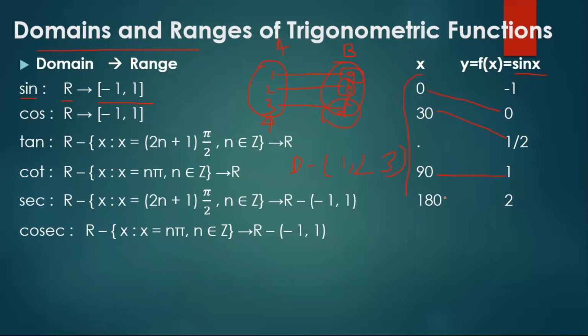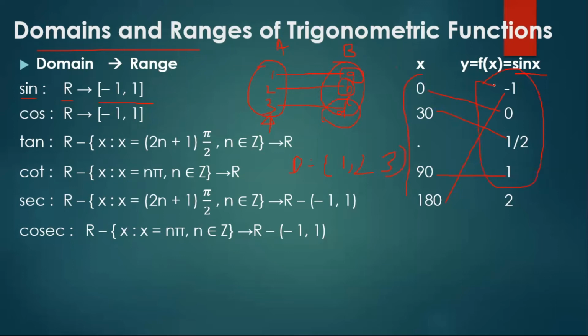No doubt. What is sine 180? It goes to -1. What is sine 270? If you take 270, again it goes to 0. So did you notice the values are between -1 and 1? So only there we are having the images.